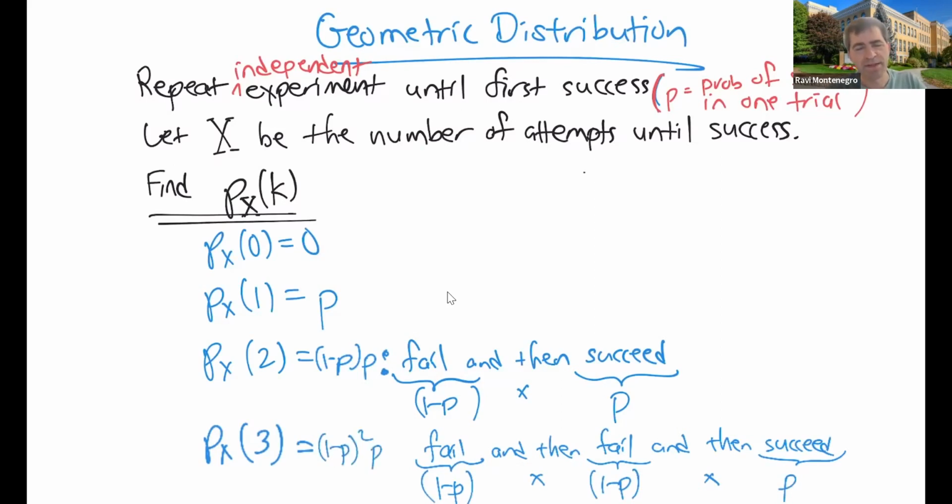So you can probably see a pattern here. We keep on failing until finally we succeed. So the general formula will be 1 minus P a bunch of times until you finally succeed. And this would be true if k is a positive integer.